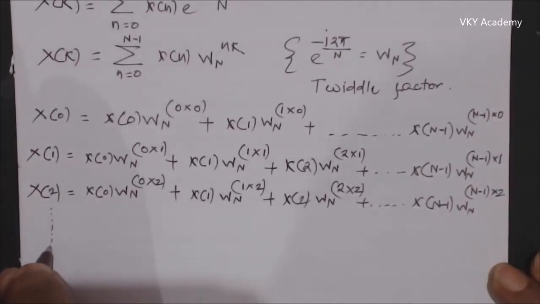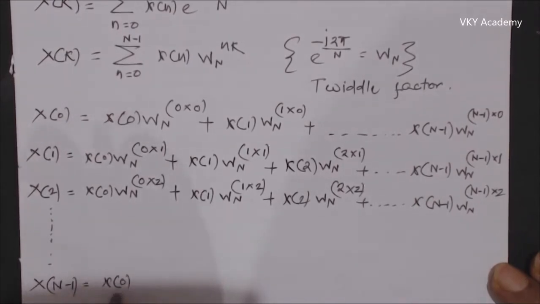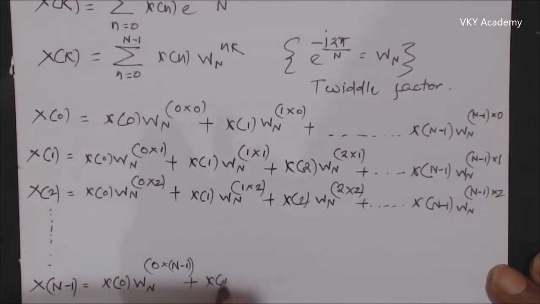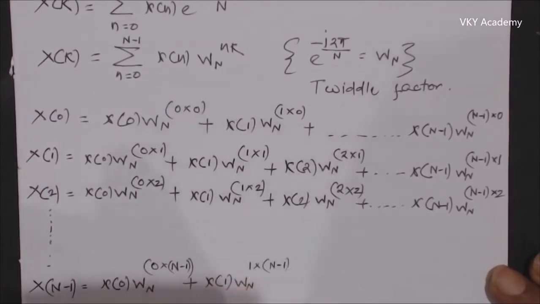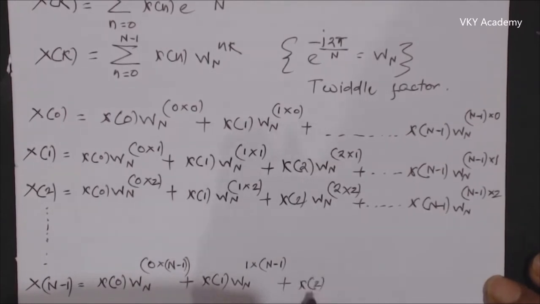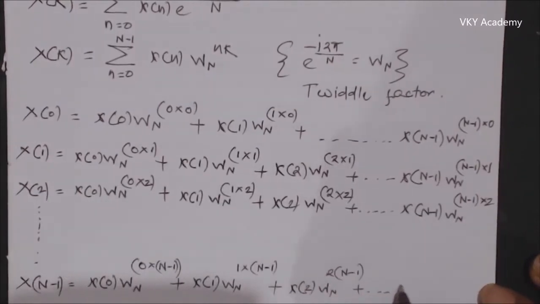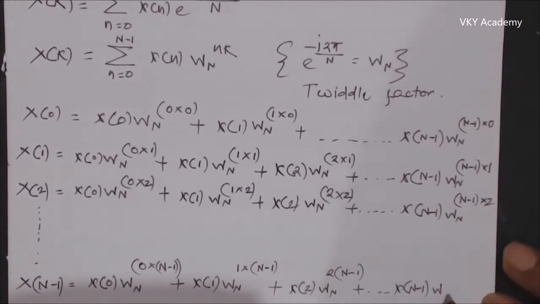In the same way, we can find out the value of X of 3, X of 4, X of 5, and finally we can compute the value of X of n minus 1, which is x of 0 WN to the power n is 0, k is n minus 1, plus x of 1 WN to the power n is 1, k is n minus 1, plus x of 2 WN to the power n is 2, k is n minus 1, up to x of n minus 1 WN to the power n minus 1 into n minus 1.